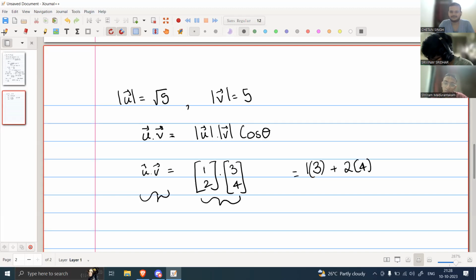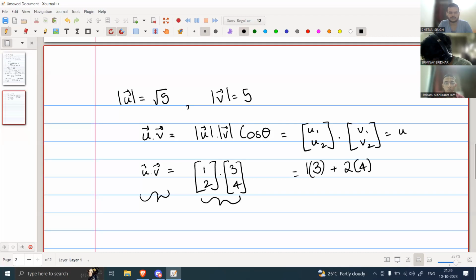So this is equal to, if I take the x coordinates, u1 makes more sense. So u1, u2 dot v1, v2 is u1 into v1 plus u2 into v2.